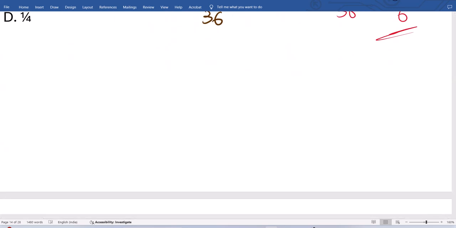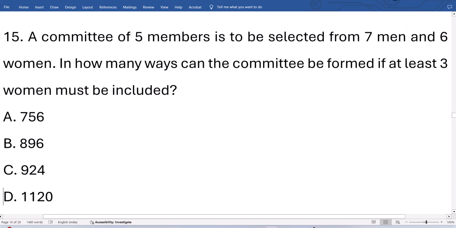Now, is it permutation or combination? A committee of 5 members is to be selected from 7 men and 6 women. But there is a condition.